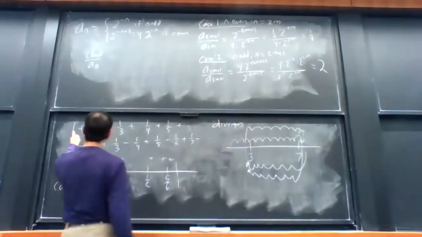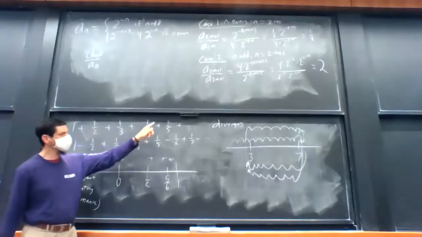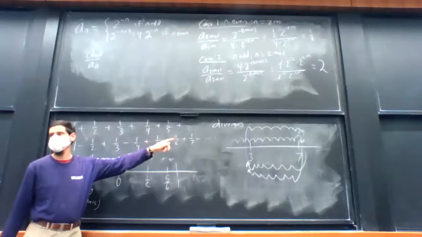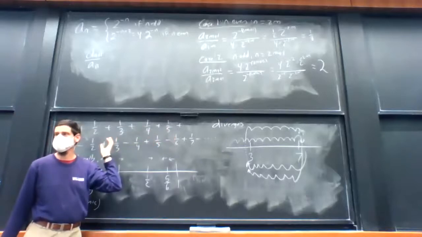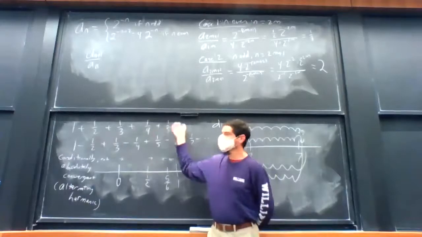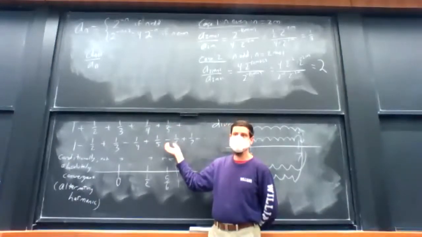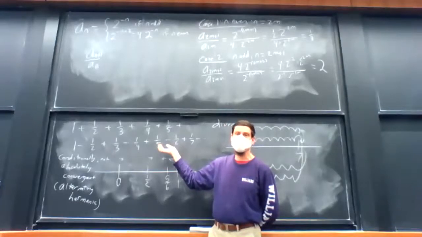If you look at the sum of the even terms, 1/2, 1/4, 1/6, 1/8, it's actually just half the sum of the whole series, right? So if the initial series is plus infinity, the sum of just the evens is going to have to be negative infinity.